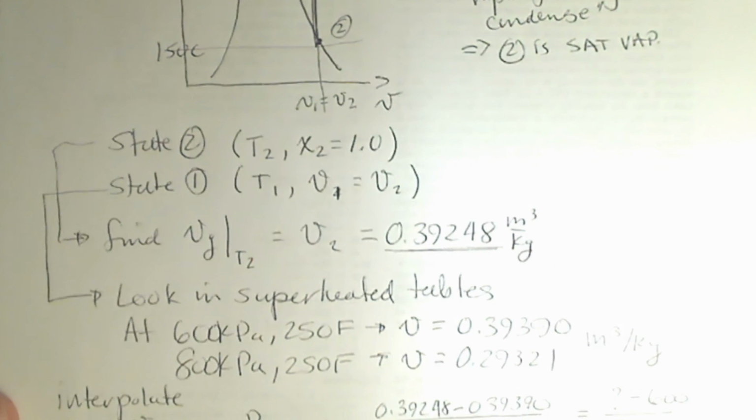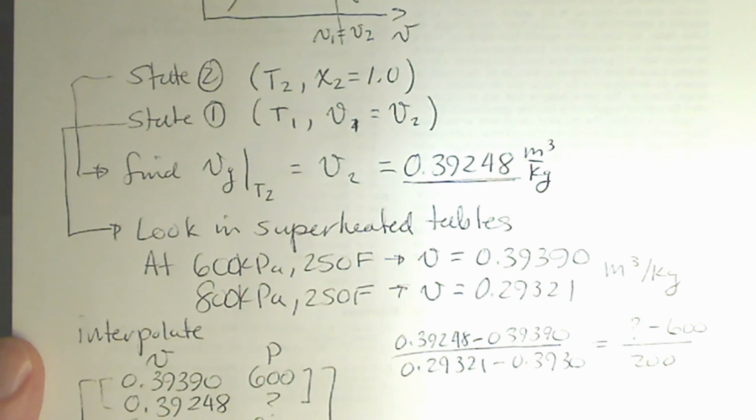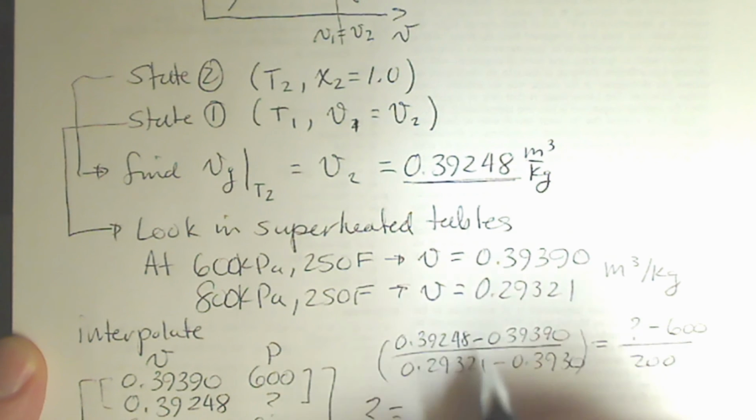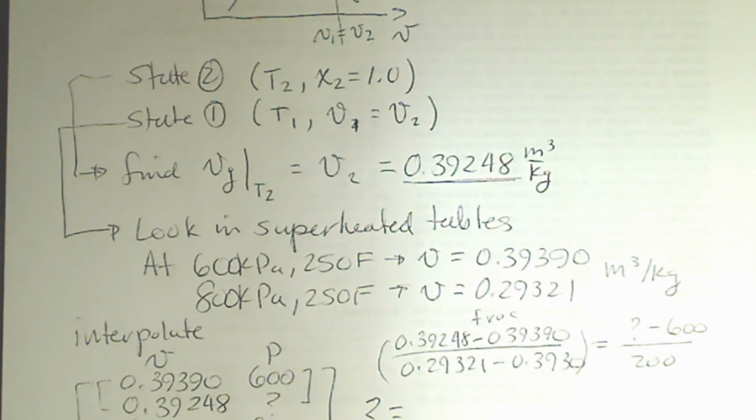Okay, so it looks like we can find this. Question mark is equal to 200 times this ratio, my fraction, plus 600. So I'm going to have to go offline here, see if I can come up with that number. Let's see what I've got.